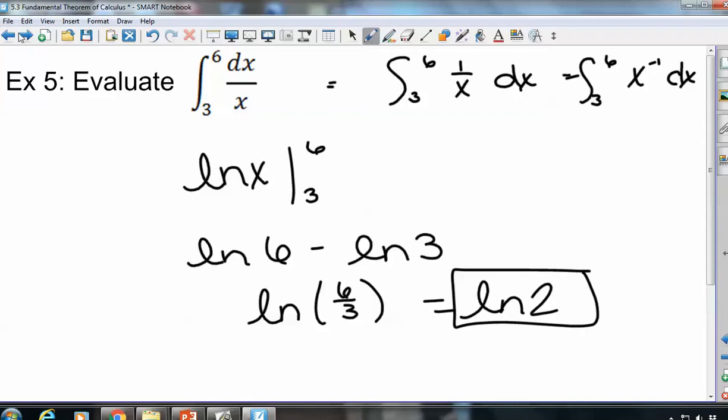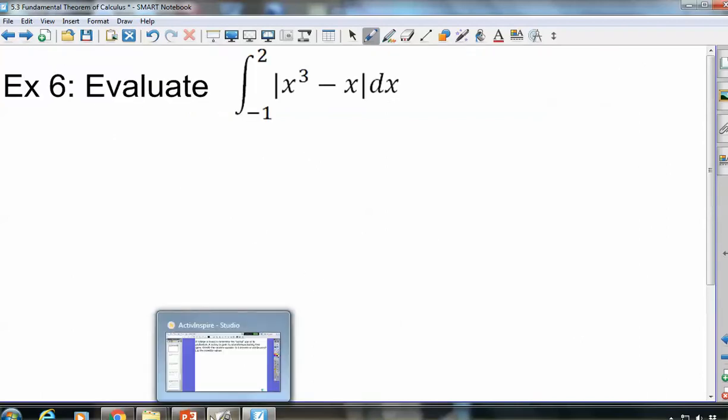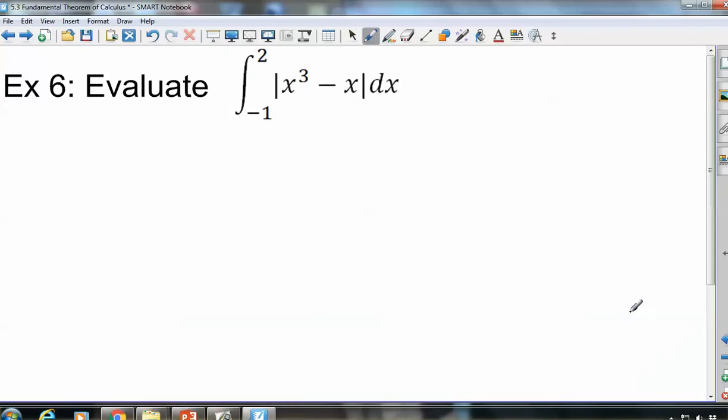Disappointing. Alright, let's look at this one. Absolute values, your favorite. What do we have to do on absolute values? Break it up. We need to find out what makes it 0 so we know how to break it up. What could I pull out here? That's going to leave me with x squared minus 1.